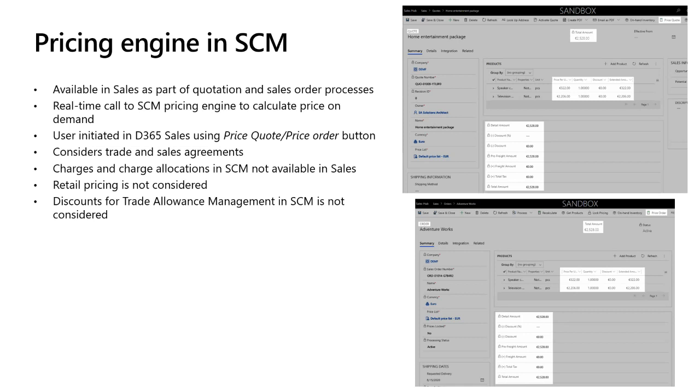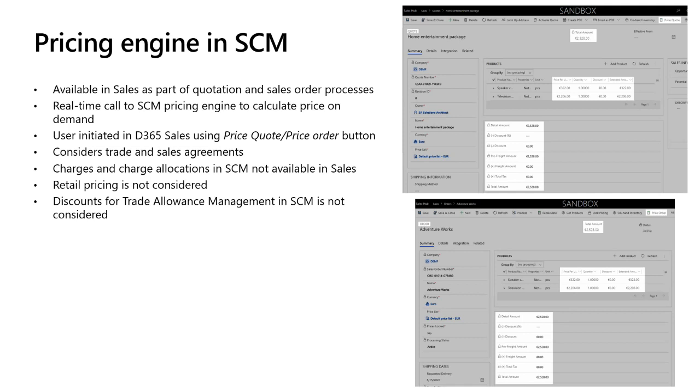So this is a user-initiated process using the price quote and price order buttons, and you can see these in these screenshots here. When that is initiated, it makes a service call to finance and operations to get the real-time or the accurate pricing that leverages the trade and sales agreements.